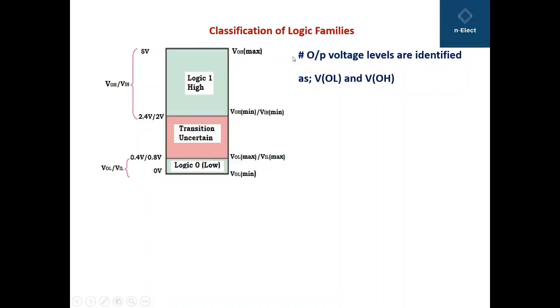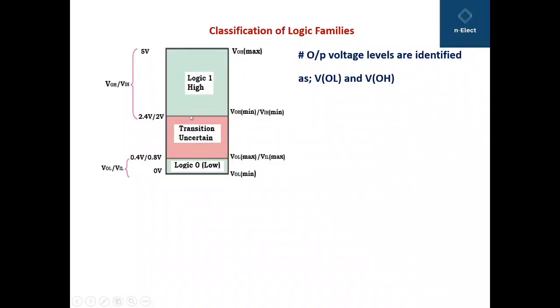Here we have shown the different voltage levels associated with the 7400 family. Output voltage levels are identified as VOL and VOH. You can clearly see here the VOL level and VOH level. This is the 0 level and this is the maximum level, that is the plus 5 volt level.